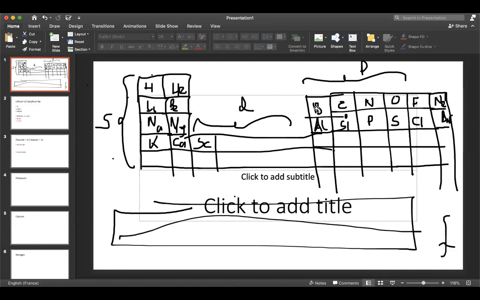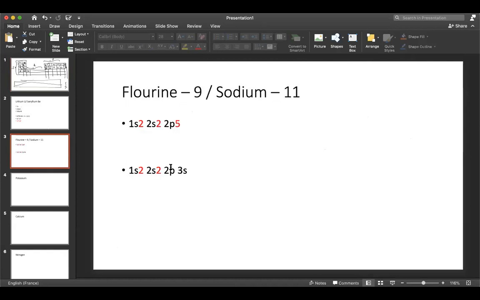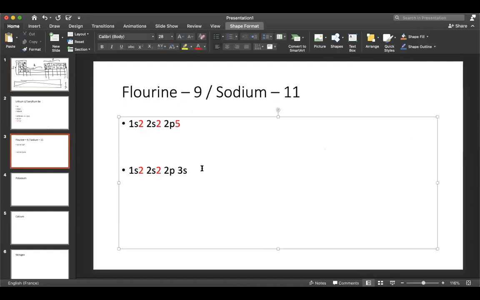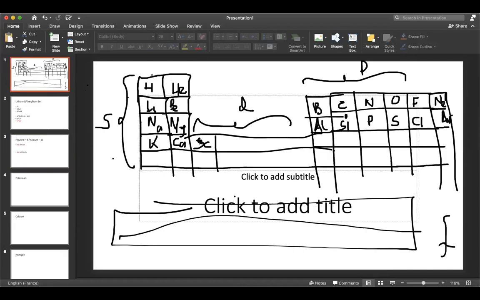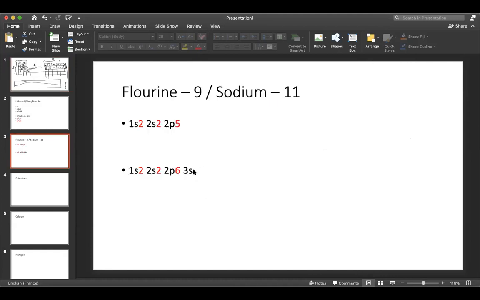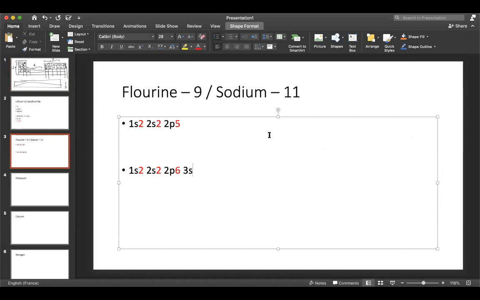You count 1, 2, 3, 4, 5, 6. There are 6. And where is our sodium? At position number 3, that is 3s, and number 1. But please take note, these numbers are supposed to be raised like that.